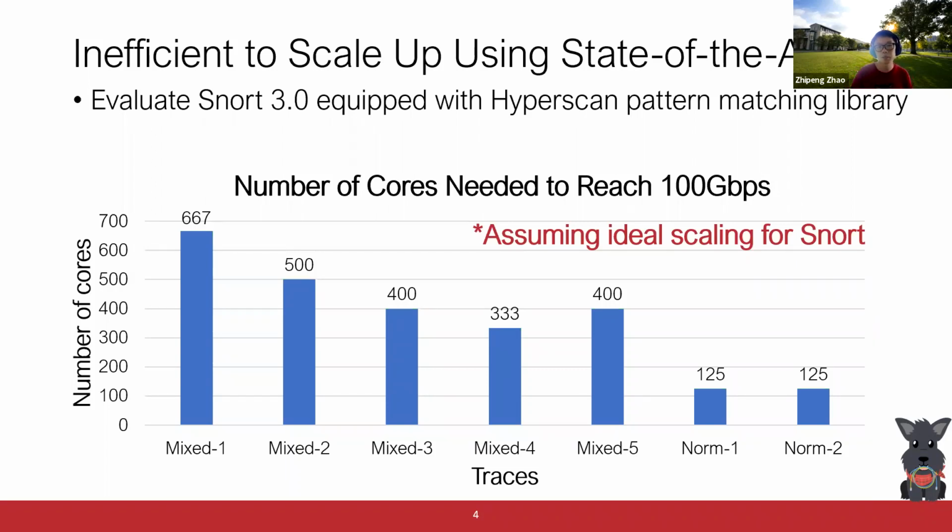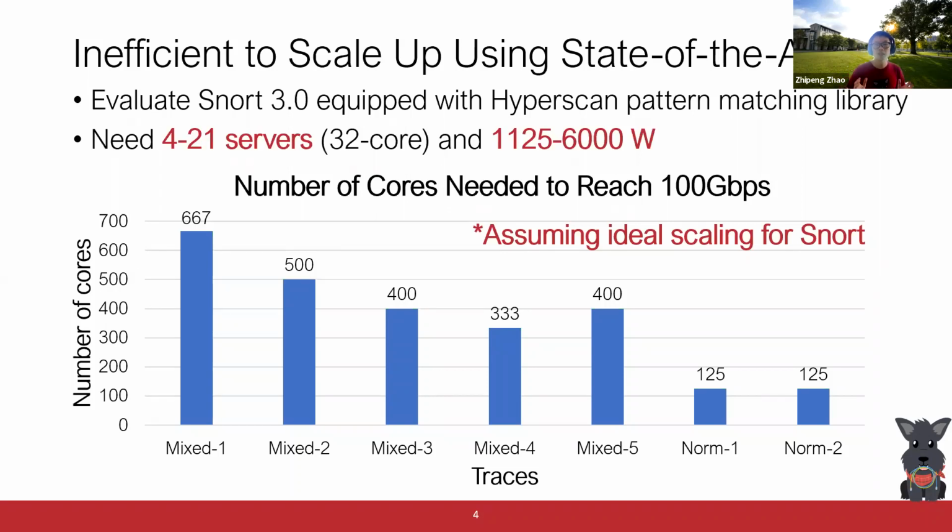Note that this number is extrapolated from the single core performance number, and we assume ideal scaling. Even under the ideal assumption, we still need 4 to 21 servers with 1 to 6 kilowatts if we use this software approach. And this is obviously not a power and cost-efficient option.